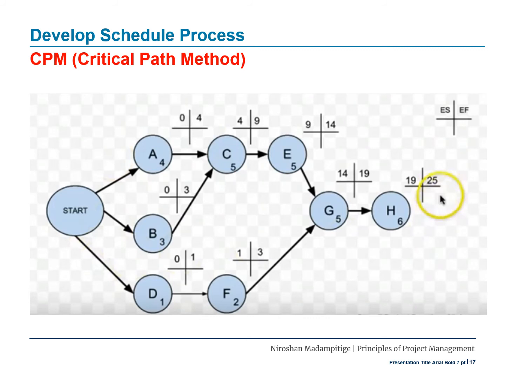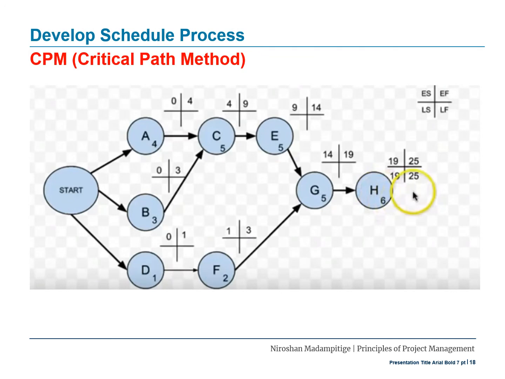So 19 plus 6 is 25. So that is the earliest finish. What is the earliest start? As soon as G is finished, you can start H. That means 19 is your earliest start for H. So when you calculate this, you will have earliest start and earliest finish calculated for each and every activity in your network diagram.